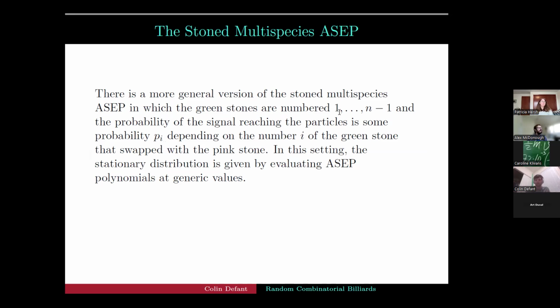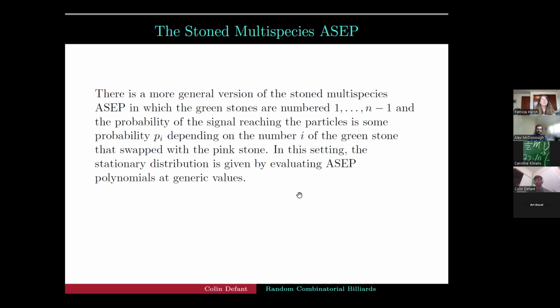And now the only difference is that when the pink stone swaps with a green stone numbered i, and sends a signal to the particles telling them to swap places, the probability of the signal reaching the particles is p i. So the probability of the signal reaching the particles depends on which one of the green stones was involved in the swap.